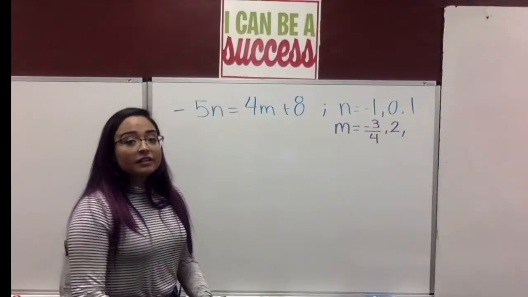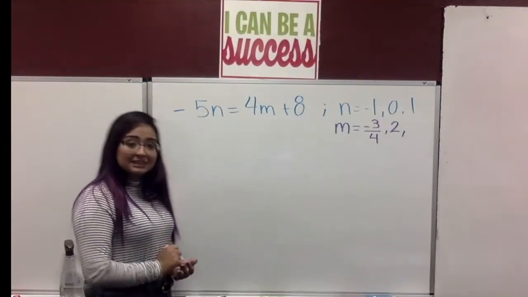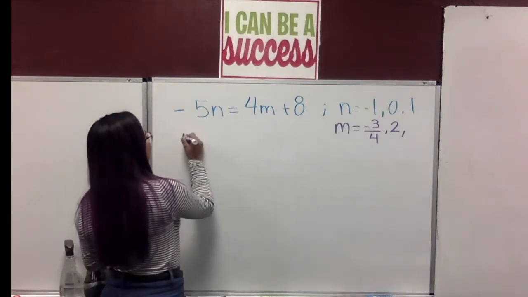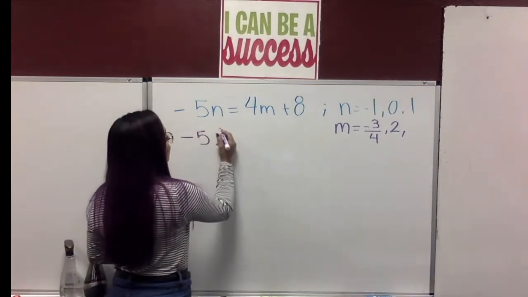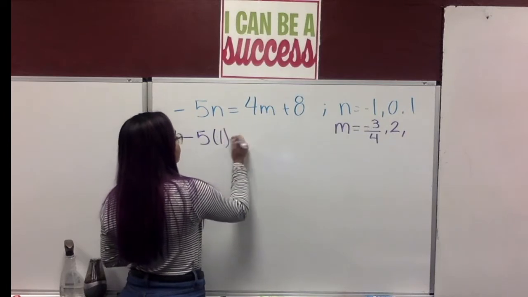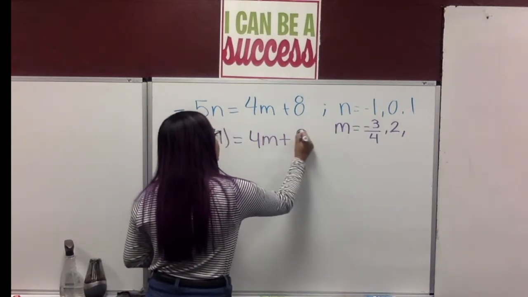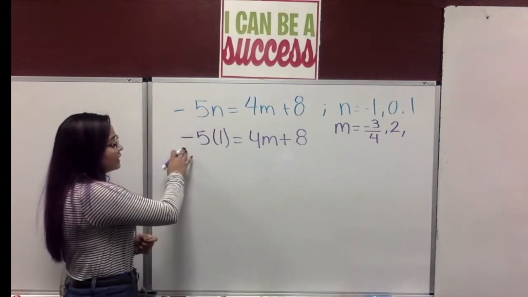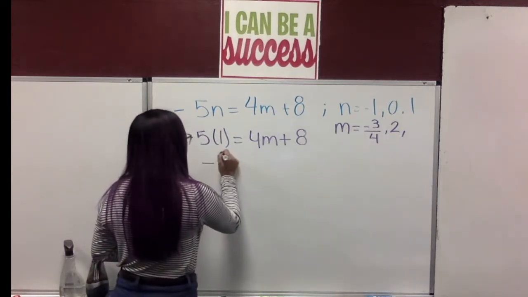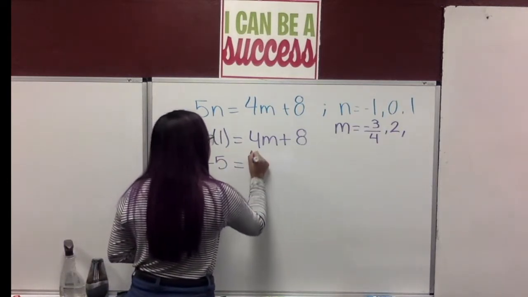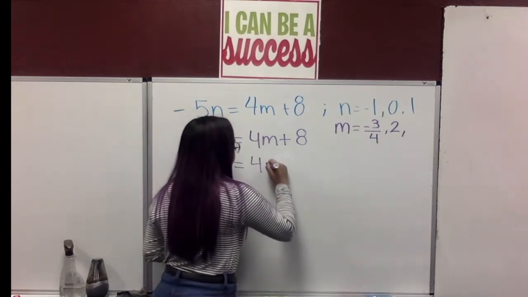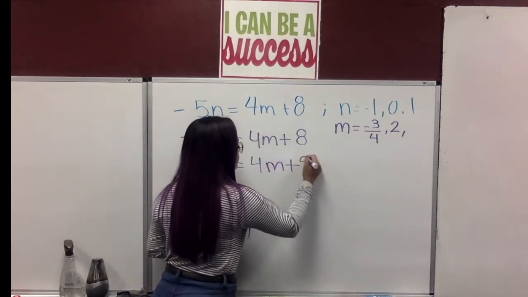To get our third and final value, following the same exact steps we have just took, plugging in 1 for n. So here we go. Negative 5 times 1 is equal to negative 5 is equal to 4m plus 8.